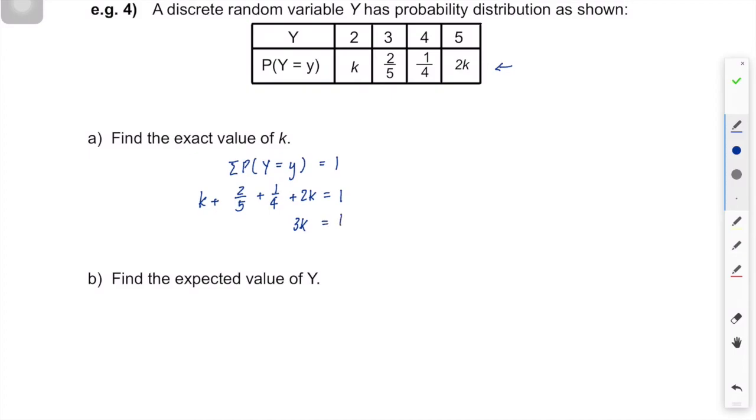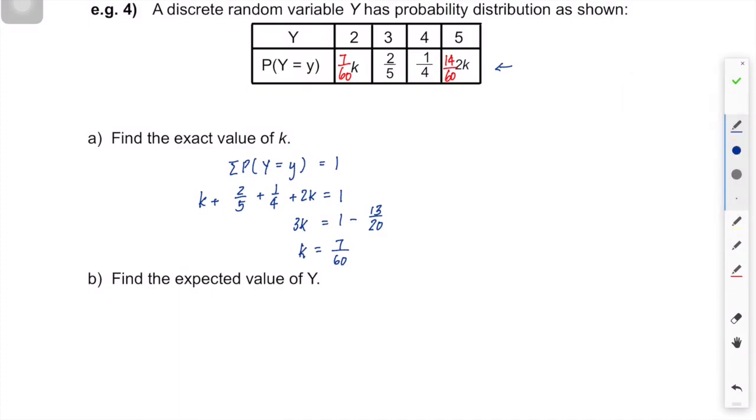So here 3k must be 1 minus 13 over 20. And so k is equal to 7 over 20 divided by 3, 7 over 60. Okay. Once I know that, I can backfill. This is 14 over 60.